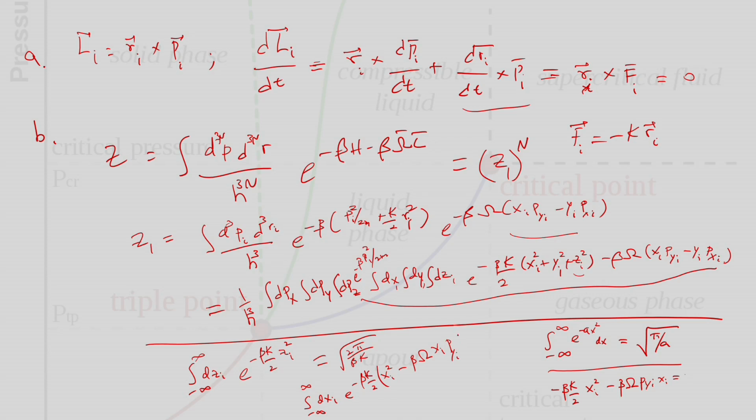I am going to put a bracket here, but then I will have to divide by beta kappa. So, the beta cancels out. Now this quantity in the brackets is nothing but xi plus omega by kappa pyi whole squared minus omega squared by kappa squared pyi squared.